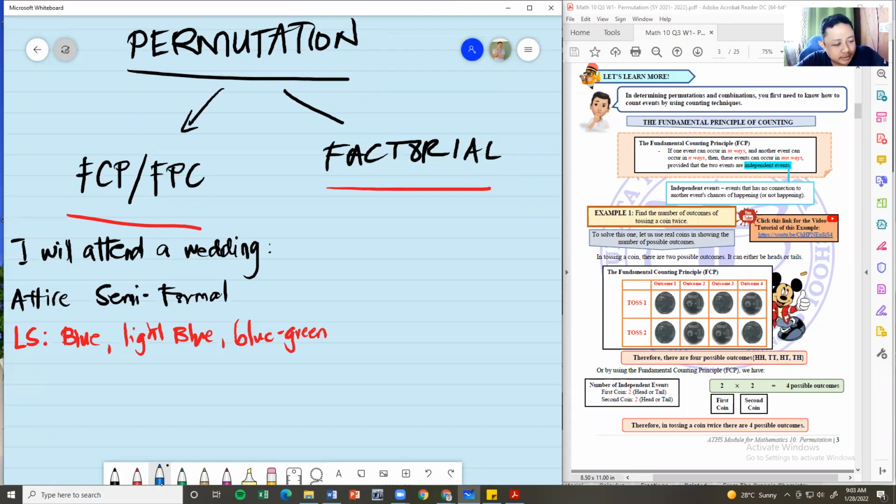For my pants, I have 2. Isang maong. Siyempre kahit na maong yan, kapag hinaluan mo ng long sleeves, nagmumukha na siyang semi-formal. Maong at saka slacks.